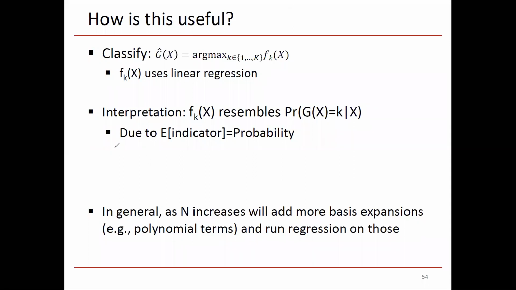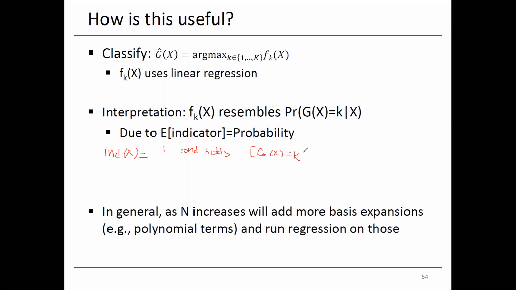Now, why is that? So an indicator, let's write it IND of x, is going to be 1 if a condition holds. And here, the condition could be, for example, that g of x is equal to some k.